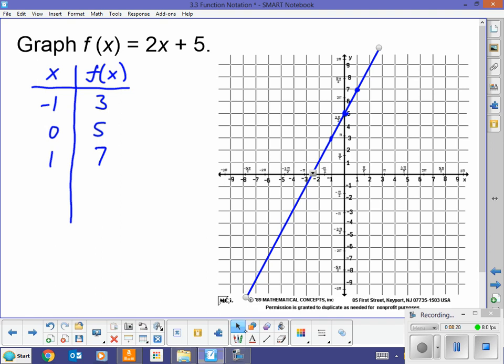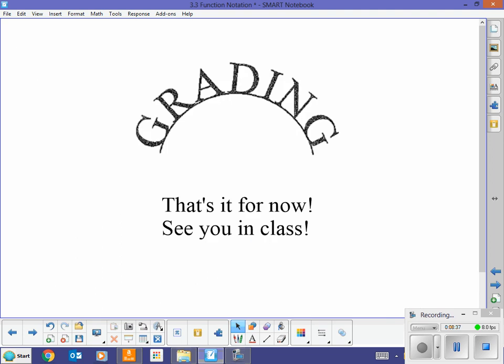Like that. Yeah, so when it comes to graphing and thinking input-output, f of x is basically the same as the y value when it comes to ordered pairs, graphing and things like that. Okay, that's it for now.